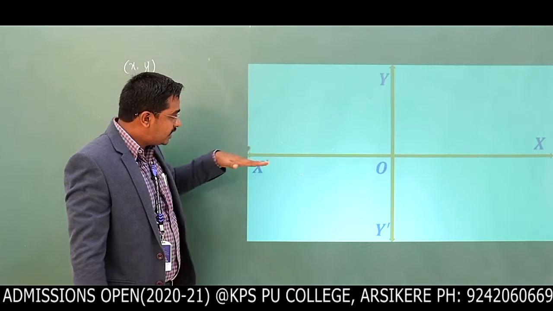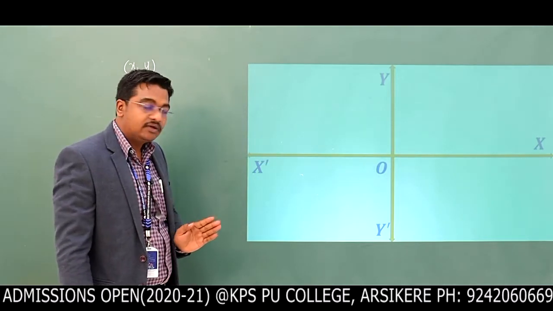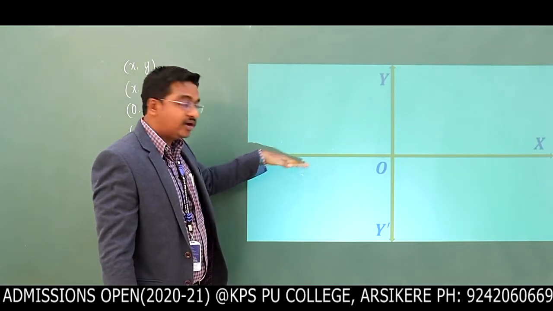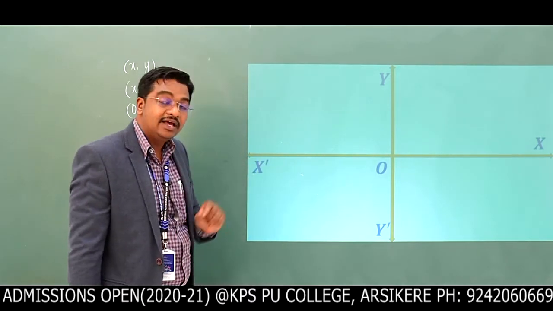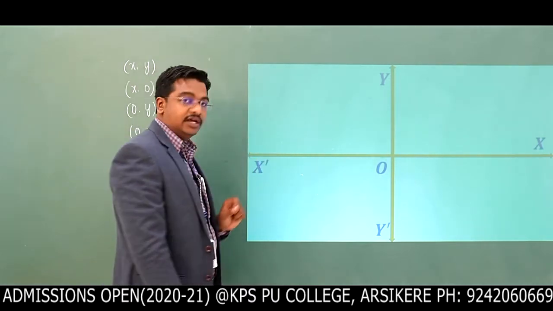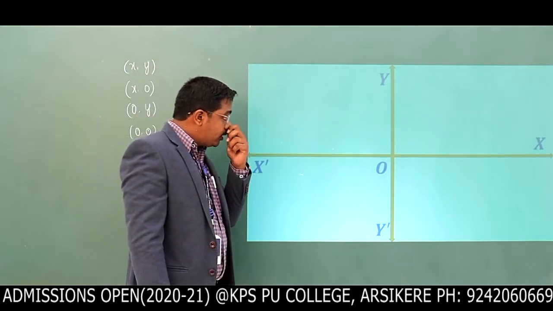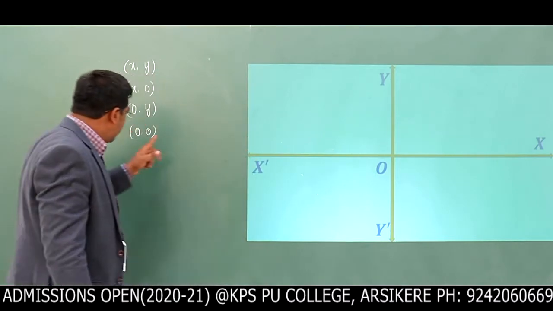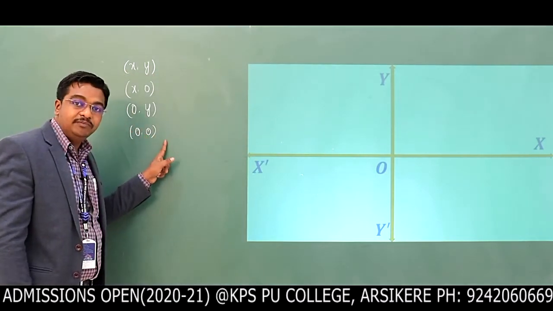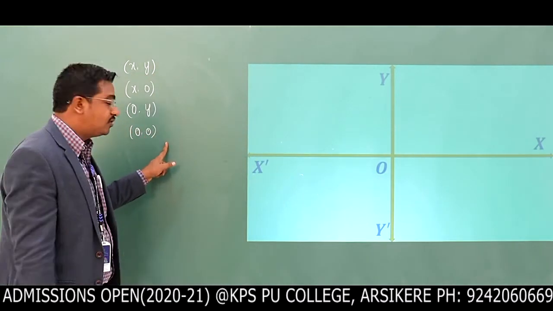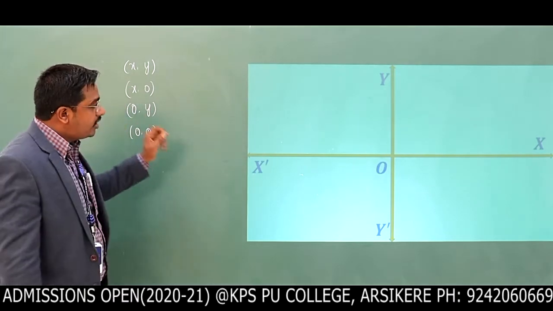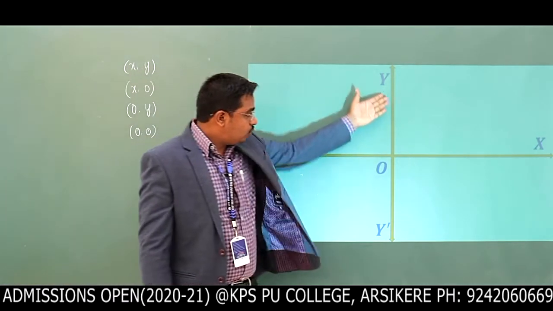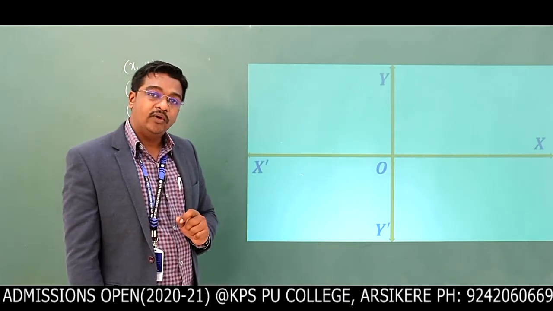The vertical line is called the y axis, named y, y dash, and the horizontal line is called the x axis, named x, x dash. The point of intersection is called the origin, and its coordinates are 0 comma 0. It means x is equal to 0 and y is equal to 0. Any point on the x axis is x comma 0, and any point on the y axis is 0 comma y.